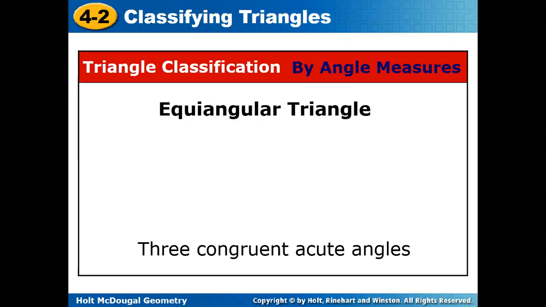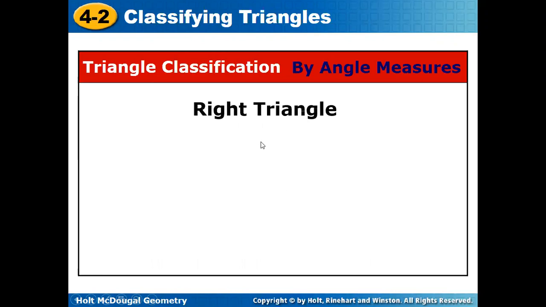Like this, if you find that the three angles are the same measure, so this triangle is called equiangular.